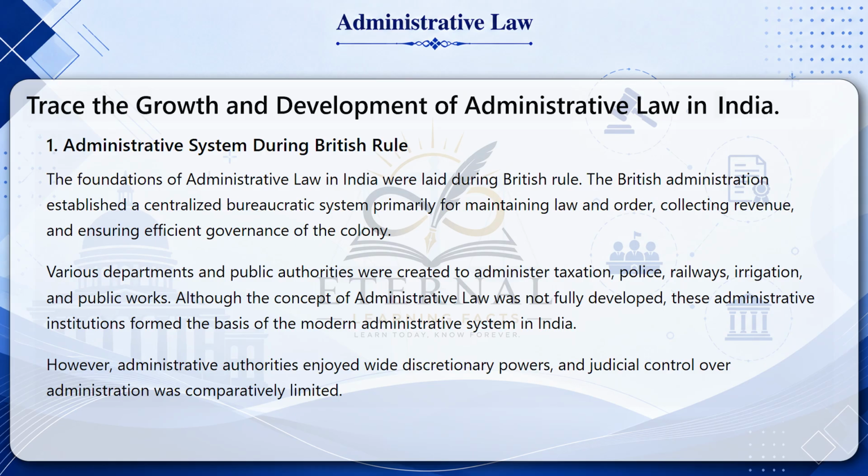Although the concept of administrative law was not fully developed, these administrative institutions formed the basis of the modern administrative system in India. However, administrative authorities enjoyed wide discretionary powers and judicial control over administration was comparatively limited.